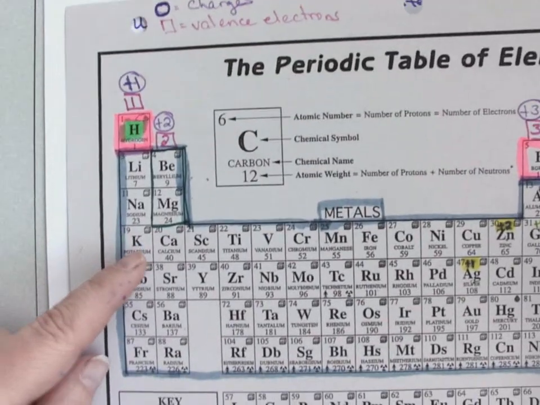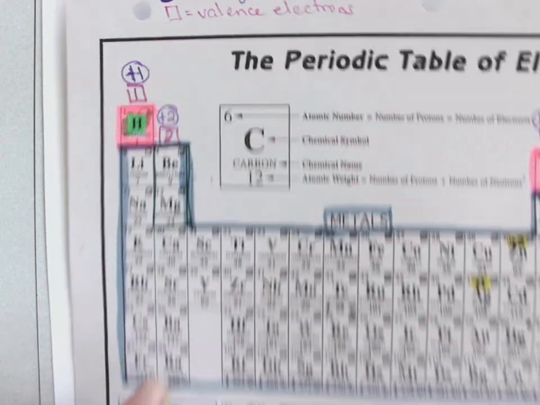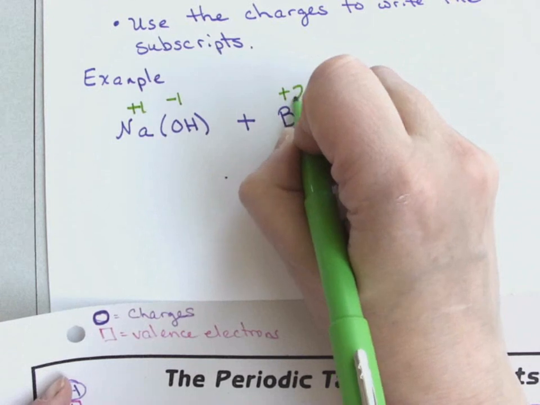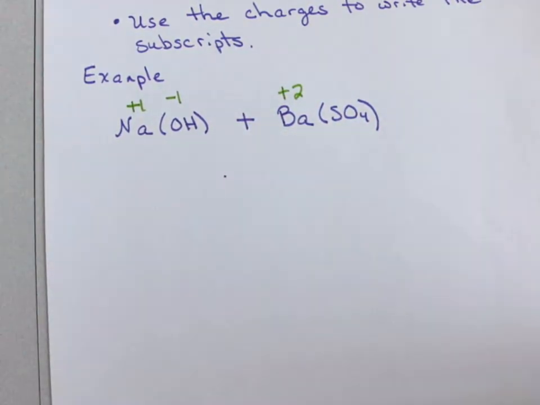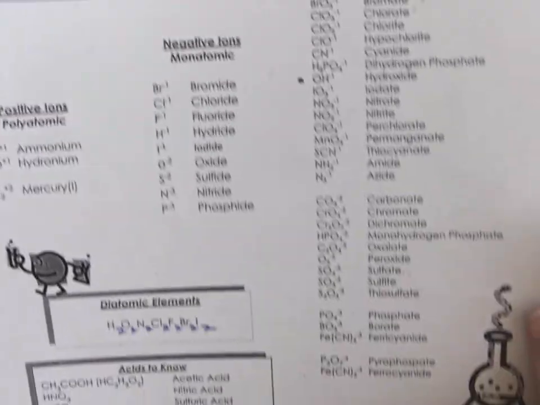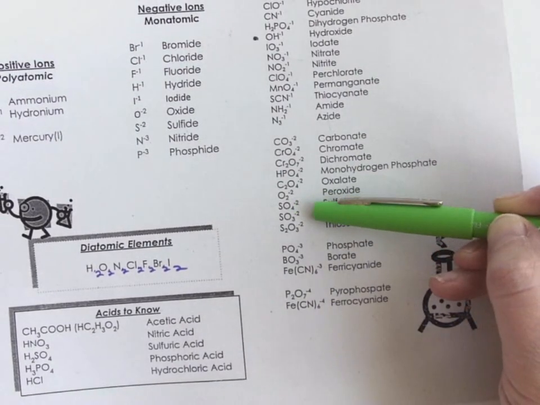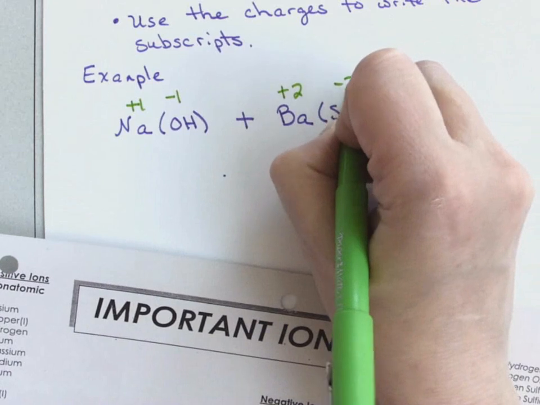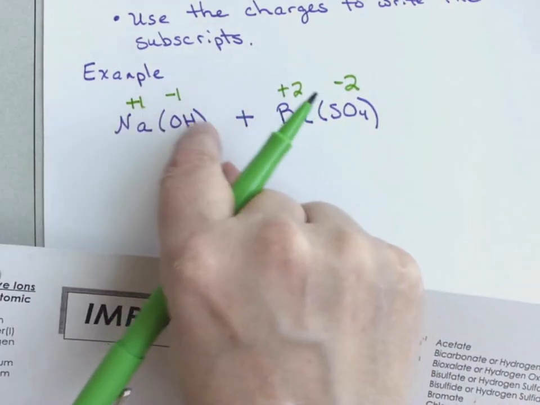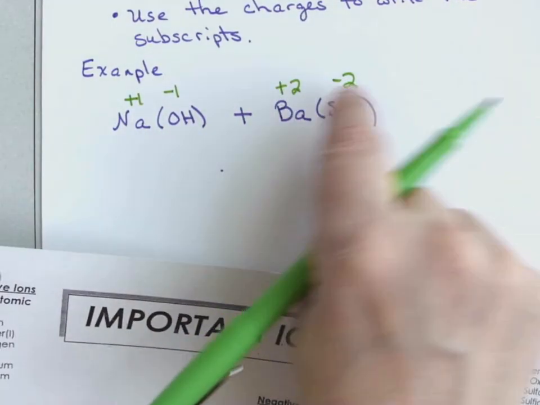Barium is in group 2, so it's +2. Sulfate is another polyatomic ion, so we'll flip it over. We'll find it back here, and it has a charge of -2. So for these, we only need one of each because their charges are the same.